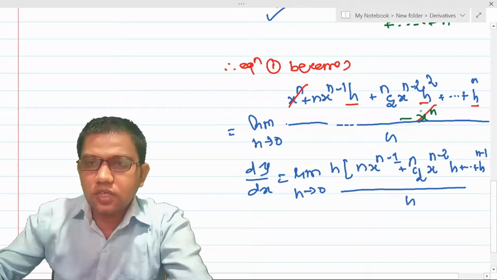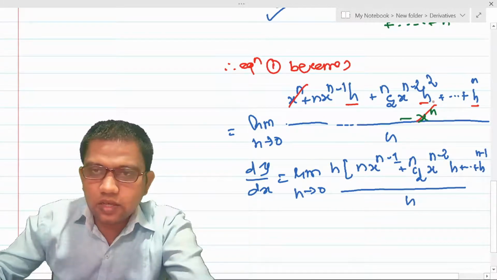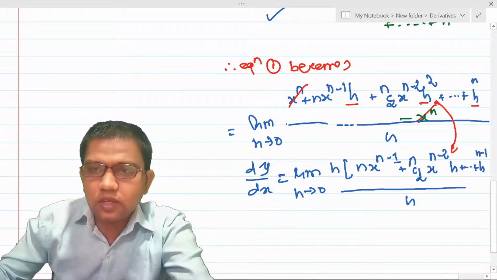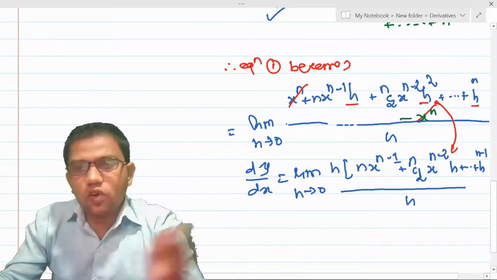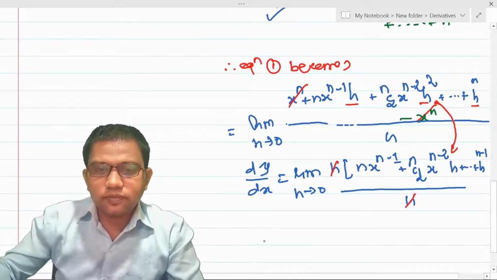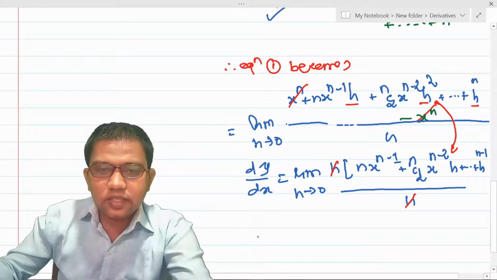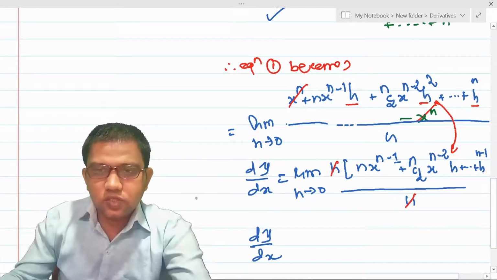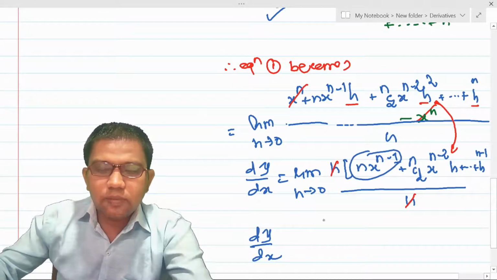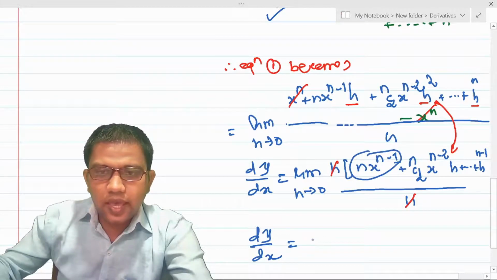See, if you observe, h square is here and only h is remaining. From every term I just take h common and cancel it with the denominator. What is remaining? So if we apply the limit as h tends to 0, there is no h in the first term, so keep it as it is: n x raised to n minus 1.